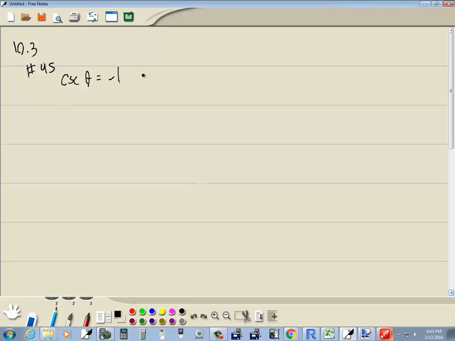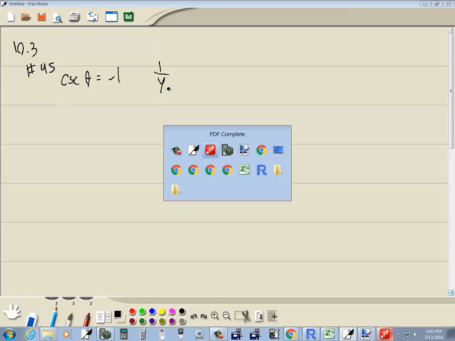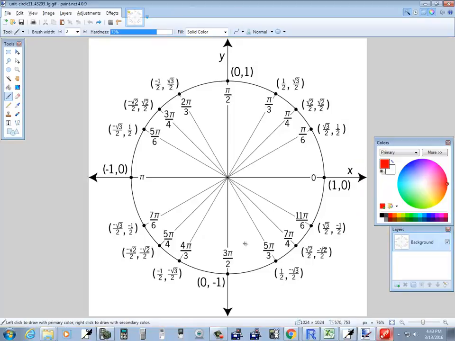Now cosecant, in terms of our unit circle, is equal to 1 over y. Okay, so if we go to a unit circle, 1 over y. Well, 1 over 0 is undefined. 1 over 1/2 gives us 2. No. 1 over 1 is 1.